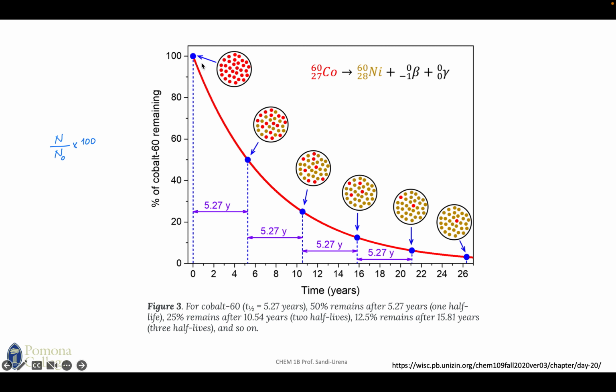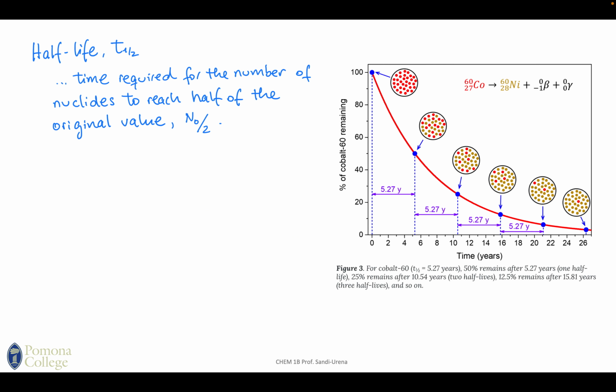Going from 100 to 50 took 5.27 years. Going from 50 to 25, it took 5.27 years. Going from 25 to 12.5, it took 5.27 years. So that time is a constant, and we call that time the half-life of the reaction.